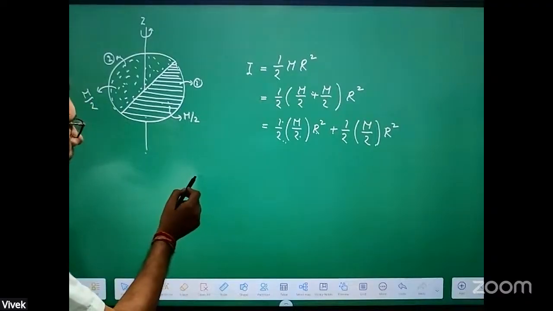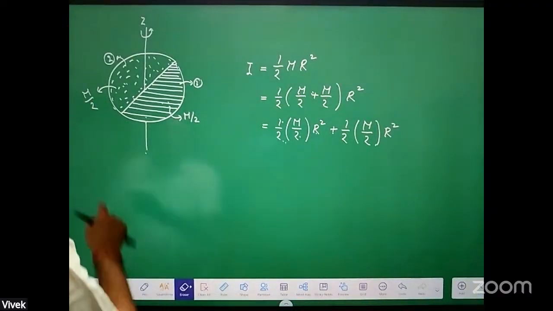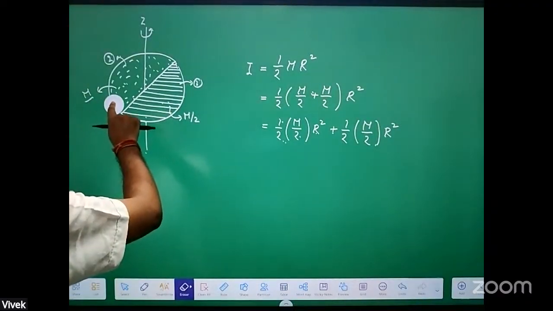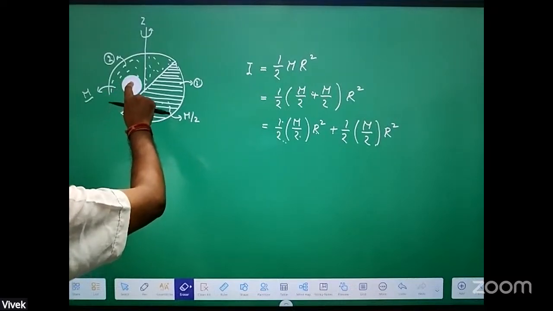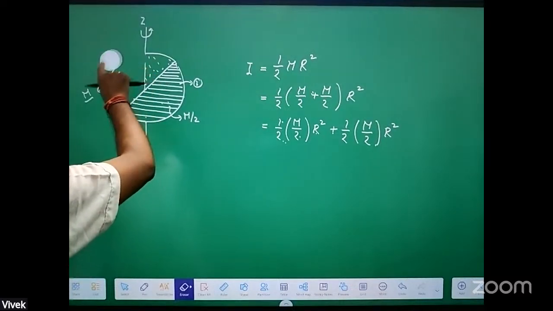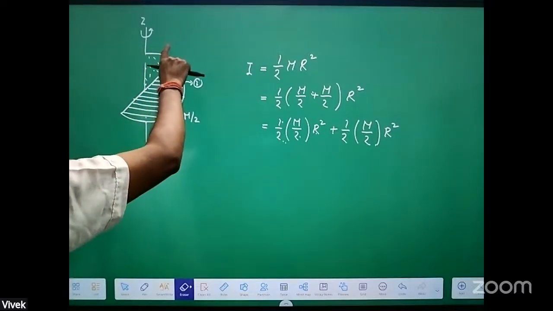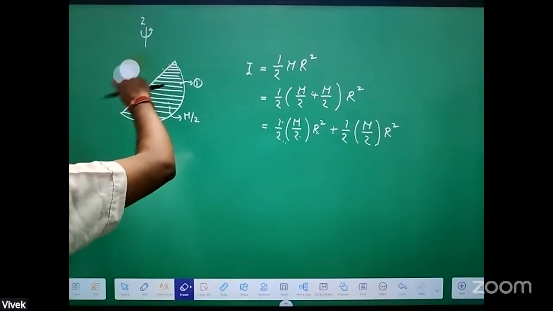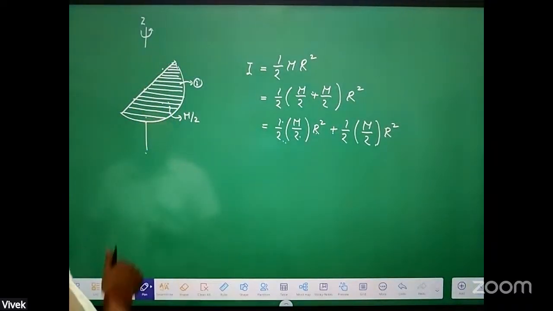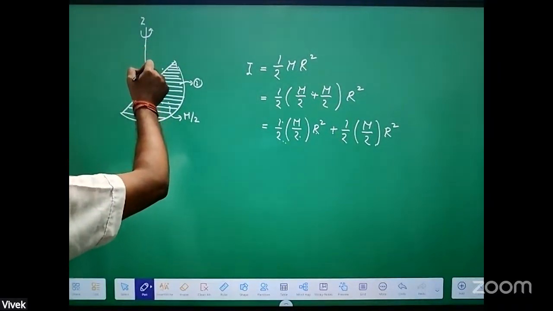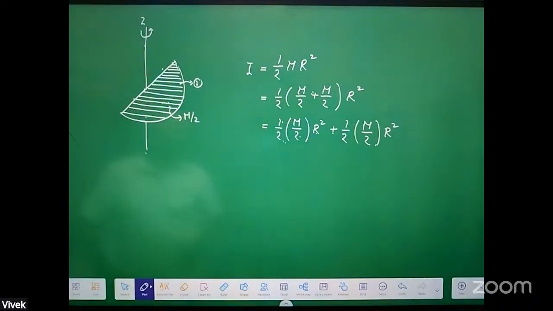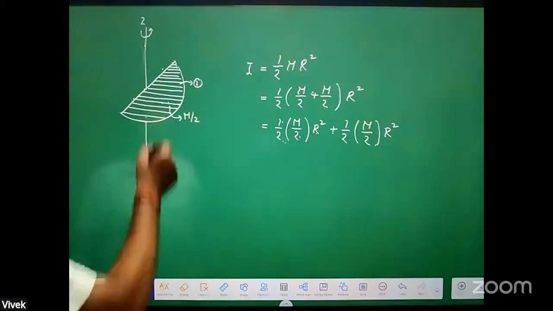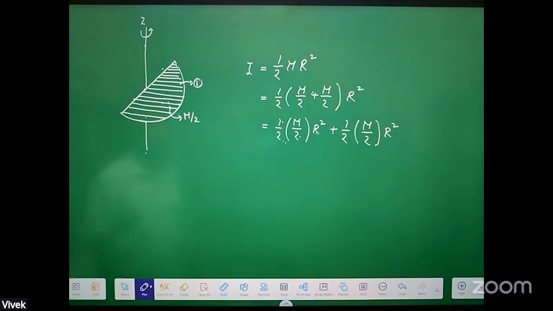So now suppose I remove this half. Now suppose I remove this half. So what you have found out here is this. Suppose this is the half disk, and it is rotating about this axis.